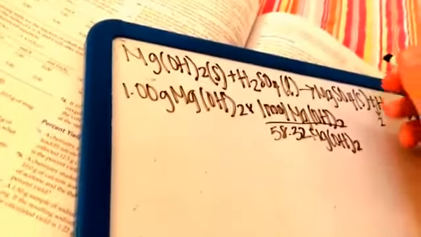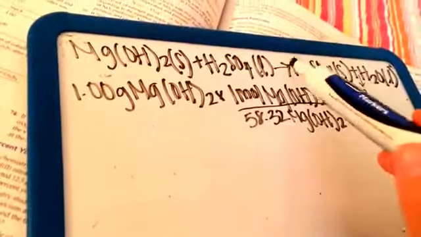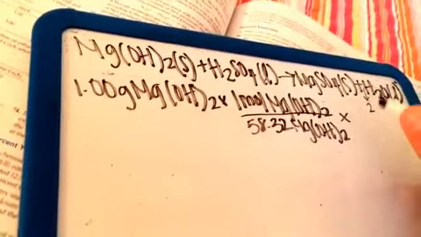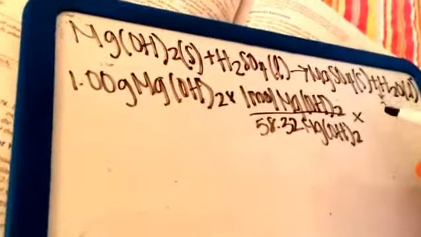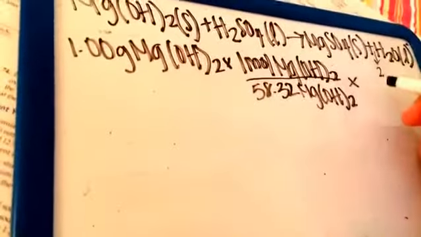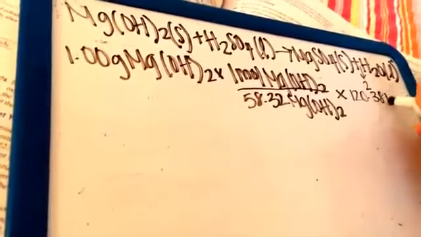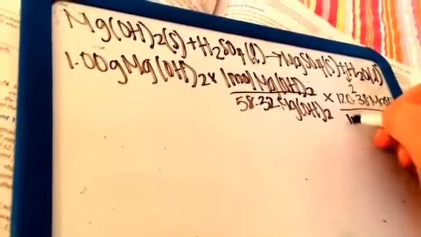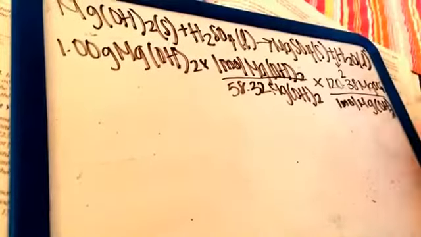Mg(OH)2. Then I'm going to times this because I'm trying to find out magnesium sulfate, which is this right here. So like I said, Mg is 24.31, S would be 32.07, and O is 64. Gives me 120.38 MgSO4 over 1 mole of Mg(OH)2.